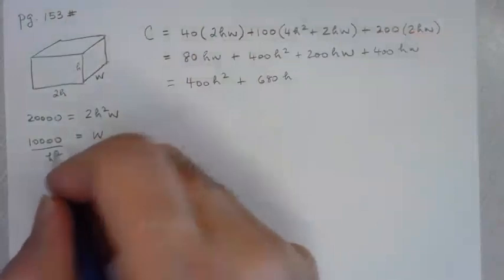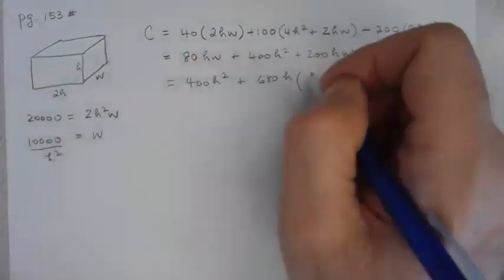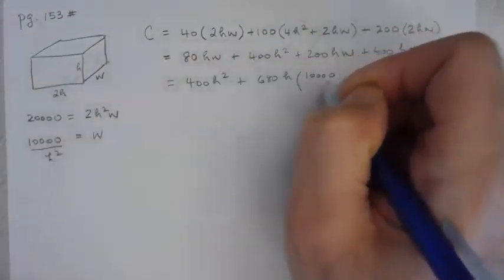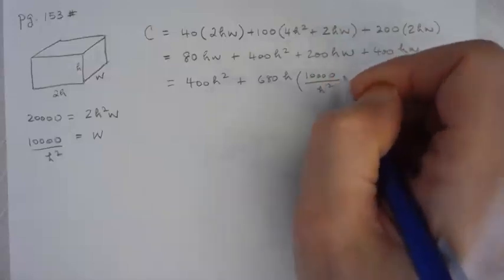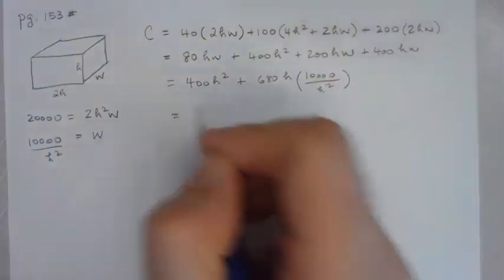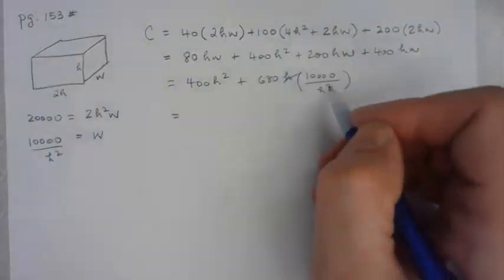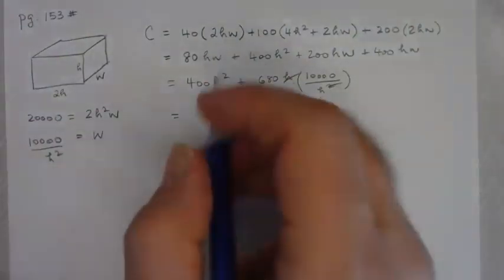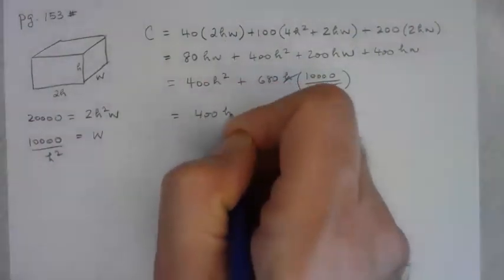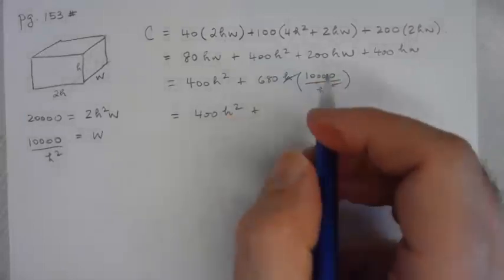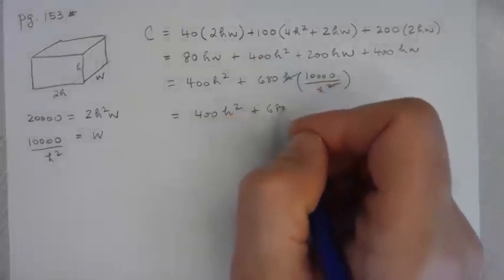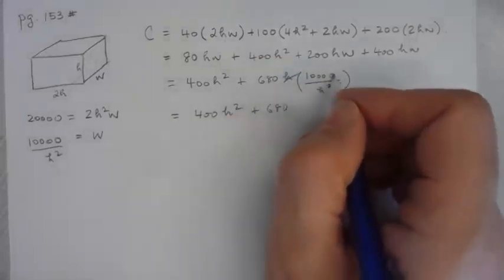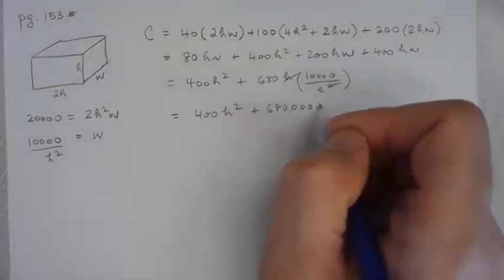And so now let me put in for W 10,000 over H squared. All right. And so here, as we've seen, happens all the time. So we have 400 H squared plus, so 680 times 10,000, another 4 zeros.